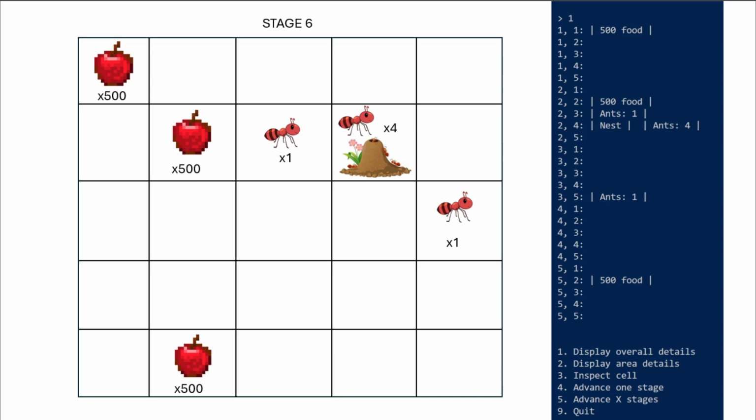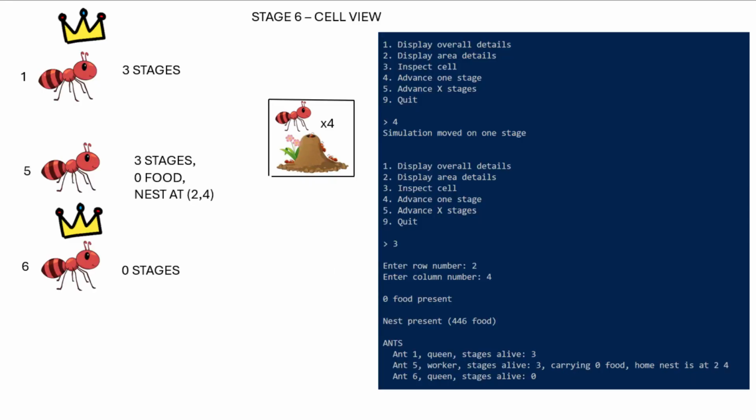Inspect cell. Here, we chose to inspect cell 2-4, which is shown to be the nest cell. In here, we have 4 ants as shown by the cell on the screen. However, an issue with the code is displayed here. Only 3 of the 4 ants that are shown to be in the nest have information displayed in the terminal. Perhaps this could be due to a list indexing issue.